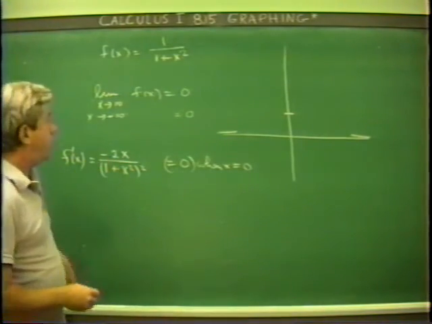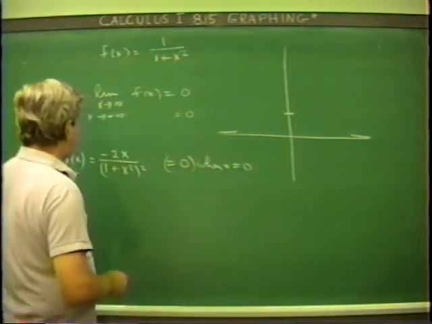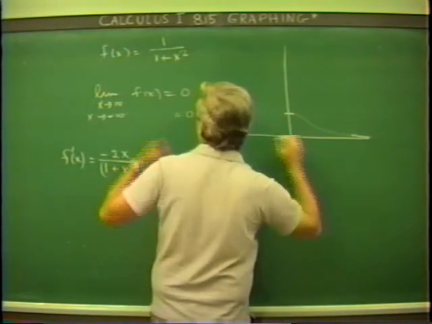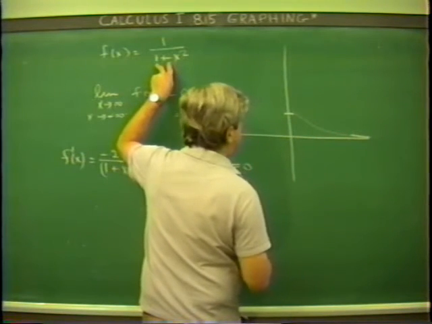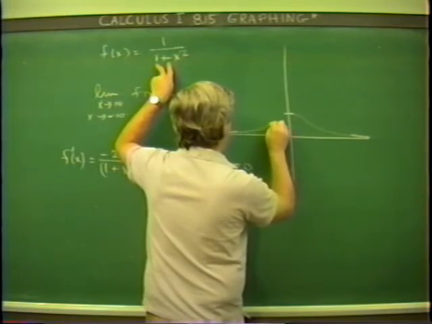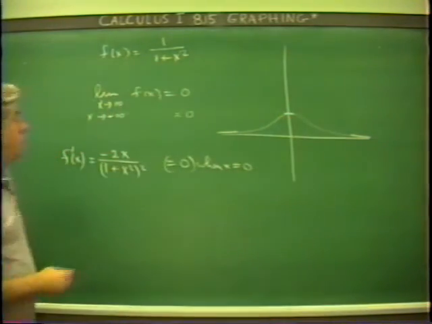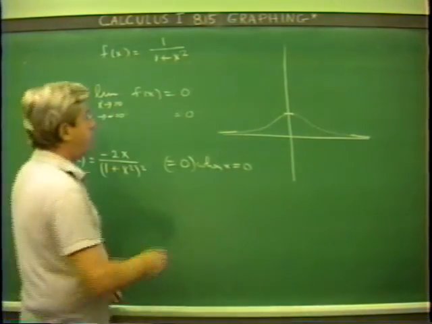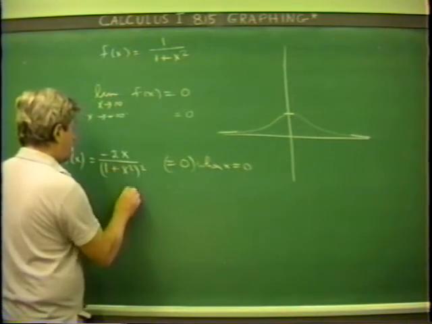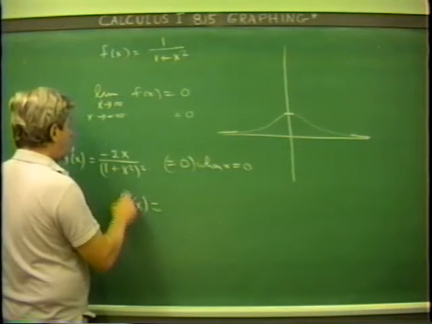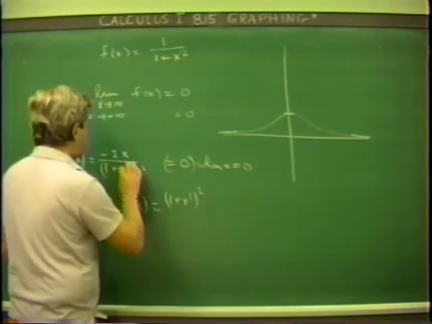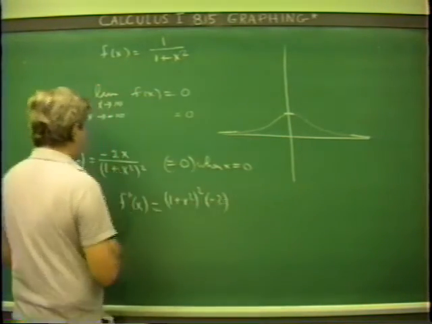It's equal to 0 when x is 0, and it's negative when x is greater than 0, and it's positive when x is less than 0. So the function is decreasing here like so. That's really very intuitive from the fact that as x gets large, starting from 0, the function gets smaller, and like so. Now, we expect here that it can't just do this without having an inflection point somewhere in here. And so let's take a look at the second derivative.